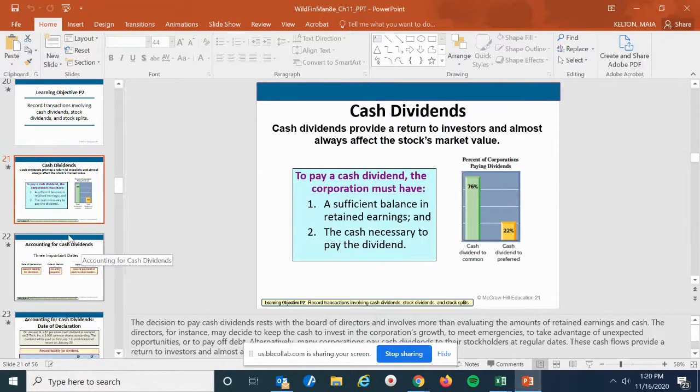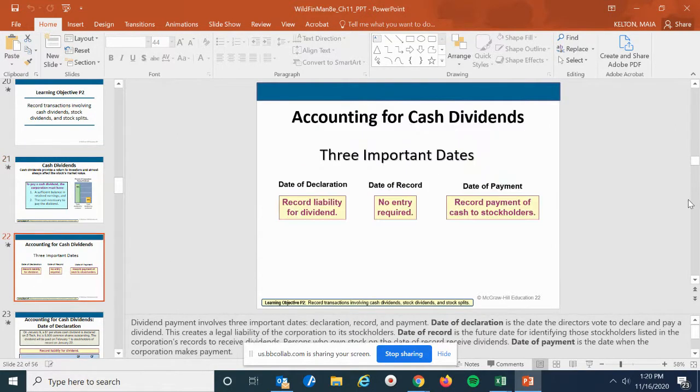Anyway, whenever the company decides to pay cash, they have to declare the dividend. Whenever a dividend is declared, we need to record a liability. We call that liability dividends payable. And then whenever the company actually pays dividends, we have to record the cash payment.